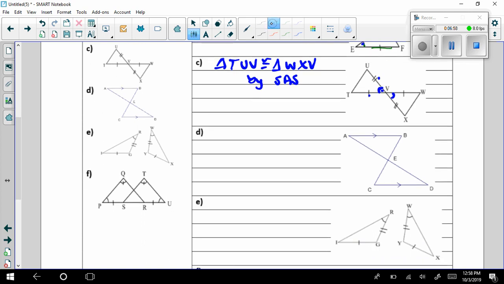Okay, let's talk about this next one here. If I mark everything in this next one, we know these are congruent because they're vertical. We also have parallel lines. So with our alternate interior angles here, we know that D and A are congruent, and then that B and C are congruent. Angle, angle, angle is not a congruence theorem.